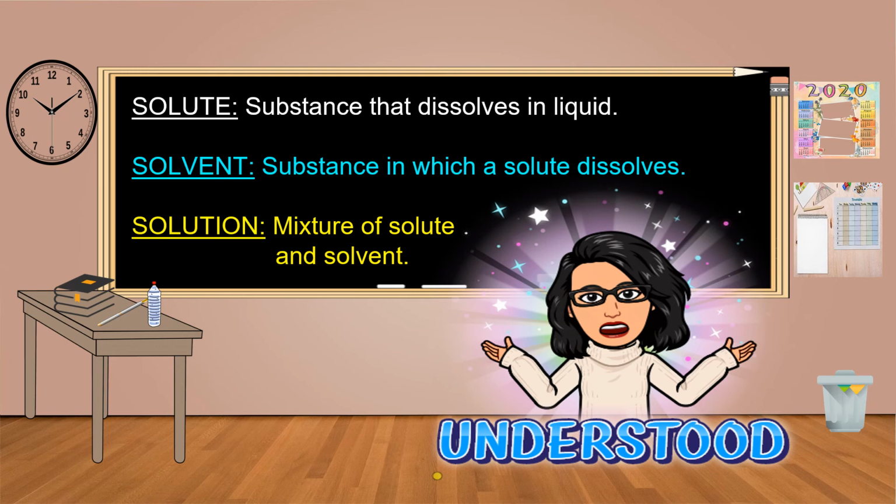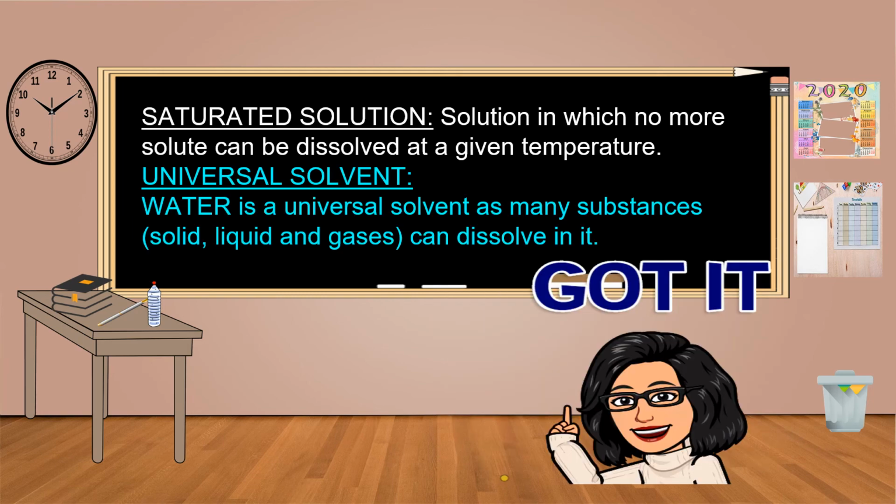Means substance that dissolves in liquid or in water is called solute. And the substance in which a solute dissolves is called solvent. And mixture of solute and solvent is called solution.